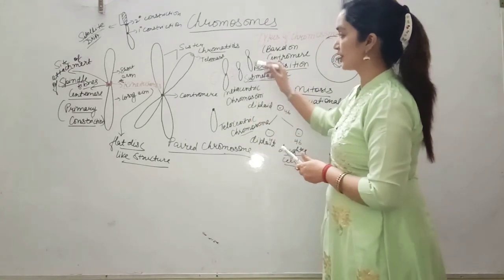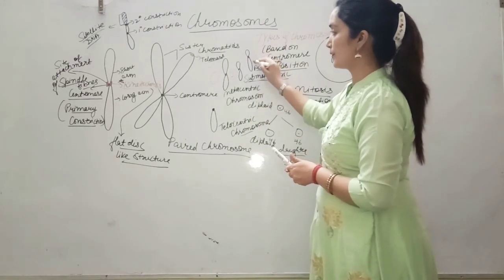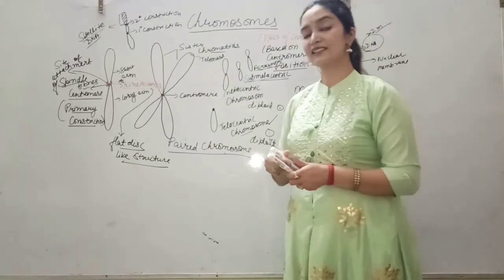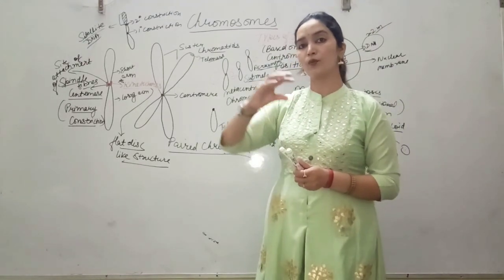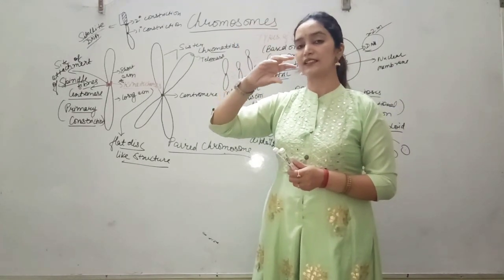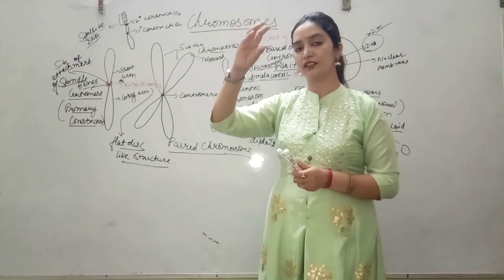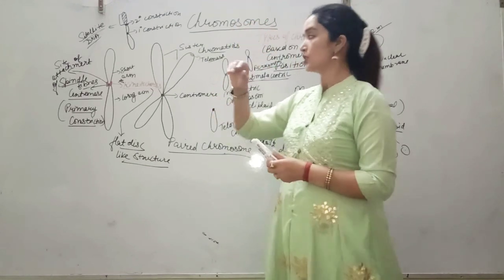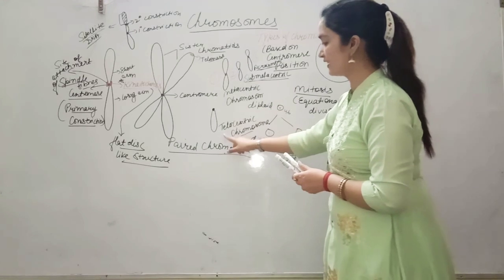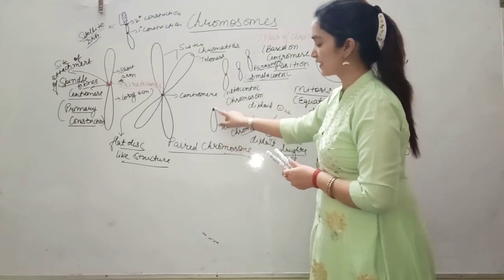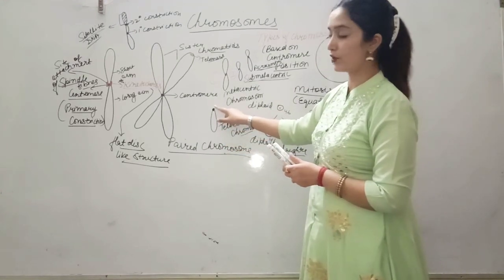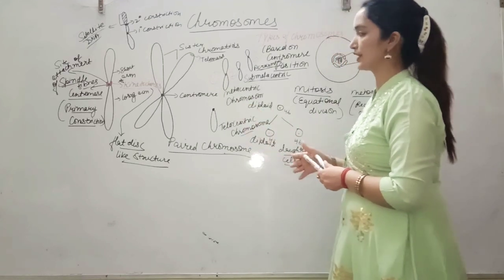Then acrocentric, the third type of chromosome. In this, centromere is present more towards the upper arm. And last, telocentric chromosome, in which centromere is present at the tip. This is called telocentric chromosome.